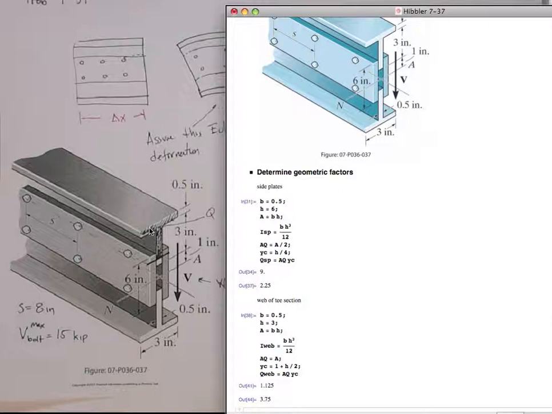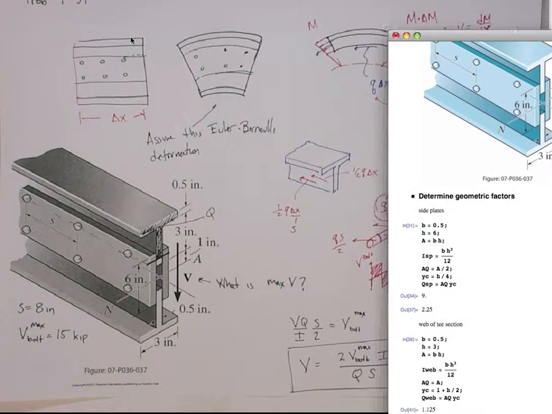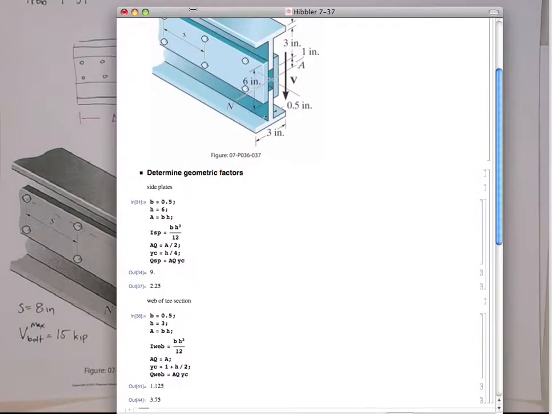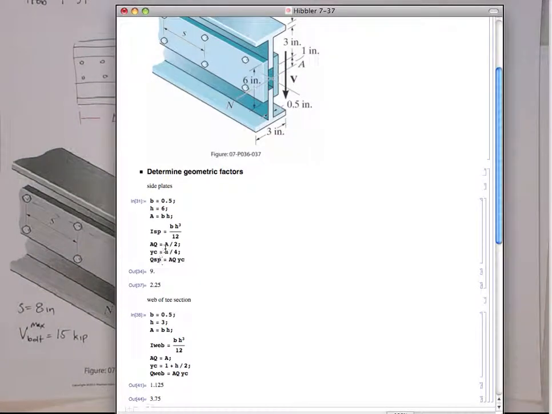The Q I'm only going to use is actually the Q of the T, for the reason I explained earlier, this argument up here. So the Q I really need is just the T. So for this side plate, the area is basically going to be 0. We're not considering it at all. Okay, so I can do that and I get 0 there. Now for the T, the Q is really the Q of the whole T section.